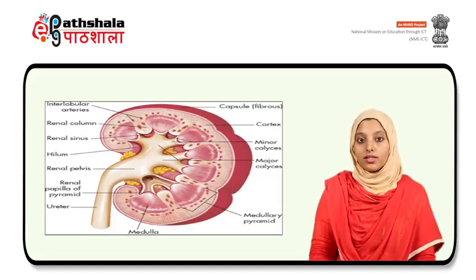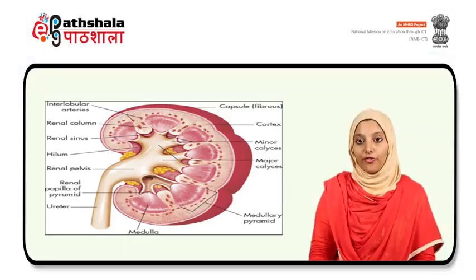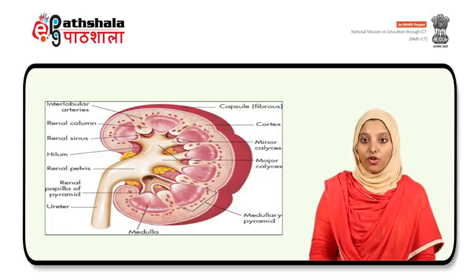Furthermore, the medulla is subdivided into the outer stripe of the outer medulla, the inner stripe of the outer medulla and the inner medulla. We know that the functional unit of the kidney is the nephron, the structure that is actually responsible for the filtration of blood and formation of urine. There are 10 lakh nephrons present in each human kidney.